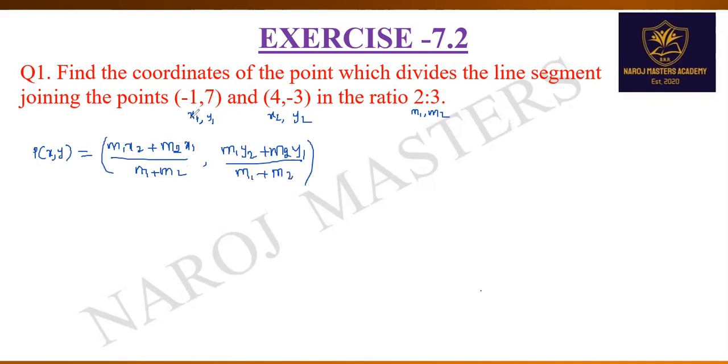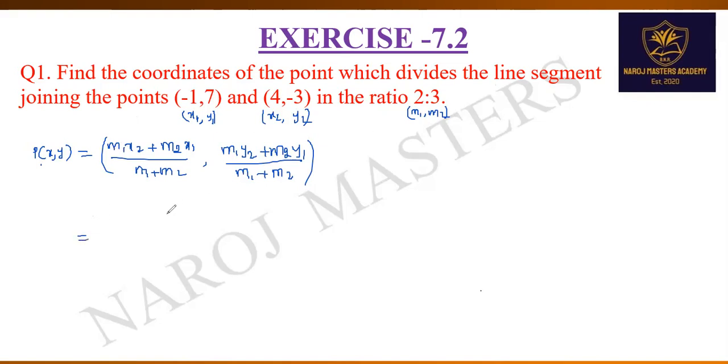So substitute the values of x1, comma y1, x2, comma y2 and m1, comma m2. Then you will get the coordinate of the point which is dividing the line segment in the ratio of 2:3. Okay?